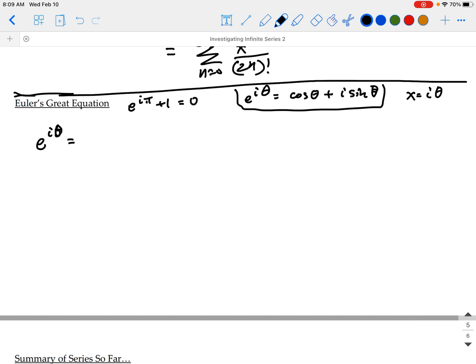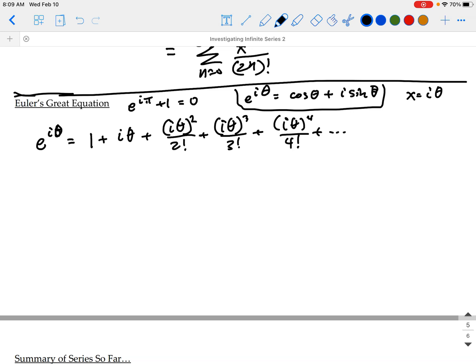So what we're going to get then is 1, obviously, if theta is 0, plus I theta plus I theta squared over 2 factorial, I theta cubed over 3 factorial, I theta to the 4th over 4 factorial.